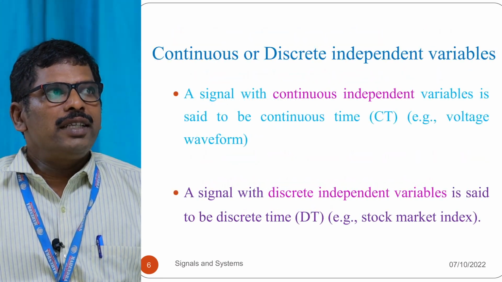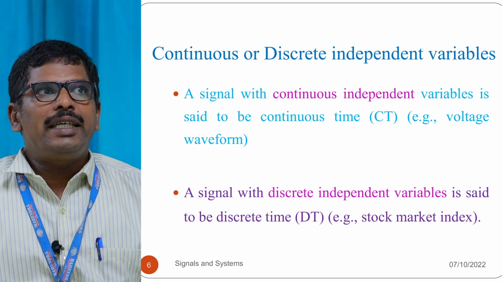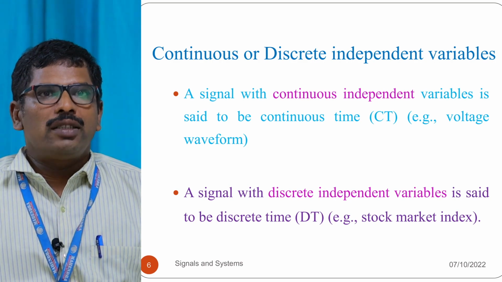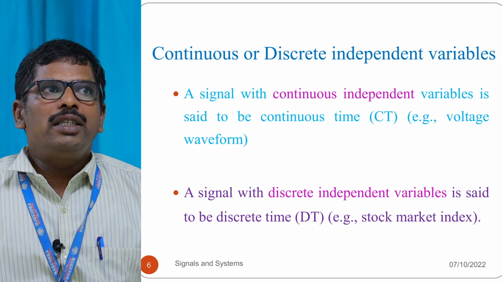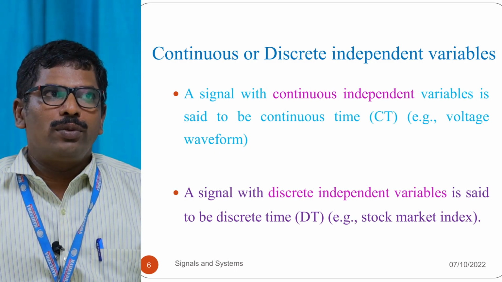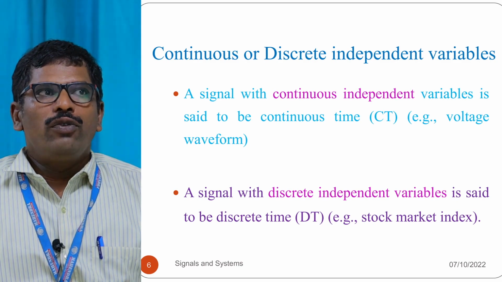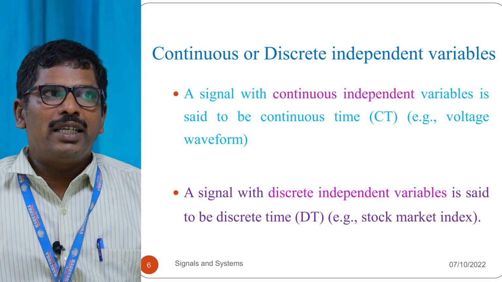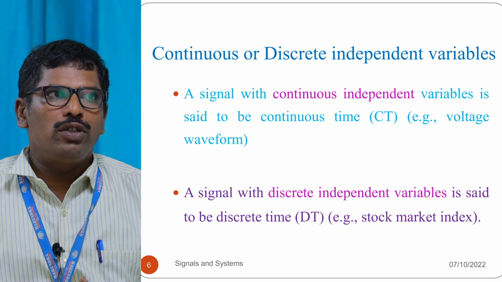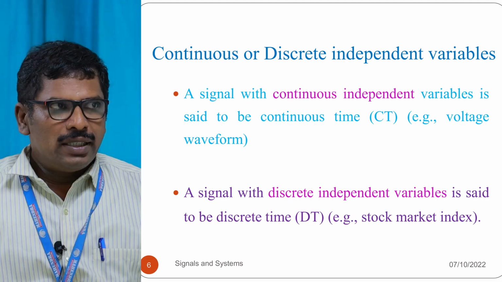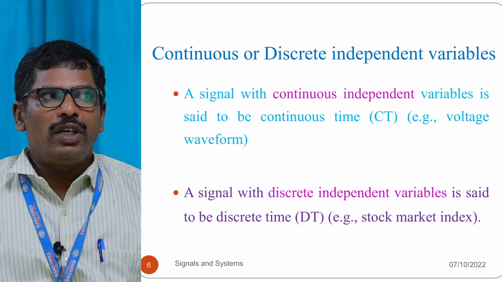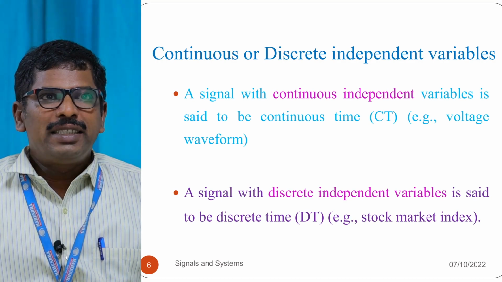Next slide. Next is continuous or discrete independent variables. Here the signals are continuous, and they are independent with respect to other values. For example, voltage and current waveforms are independent. They don't have any relationship with other values. Next is a signal with discrete independent variables, which has discrete intervals.